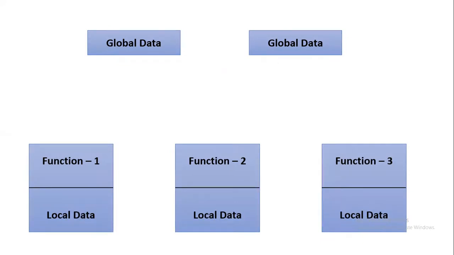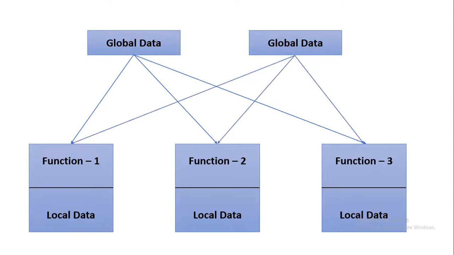At that time, which global variable is accessed by which function, and which variable is updated by which function, is very difficult to monitor. At the same time, the global data will be insecure. This is another problem with procedural oriented programming.